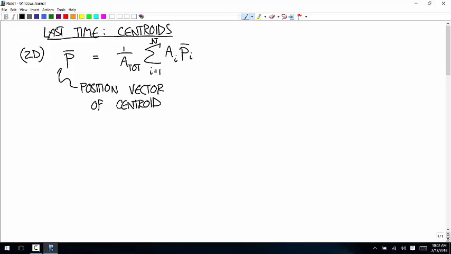But if you think about it with this notation, you can take the time derivatives of both sides. And it gives you a sum formula that's sometimes useful for the velocity of the centroid and the acceleration of the centroid.